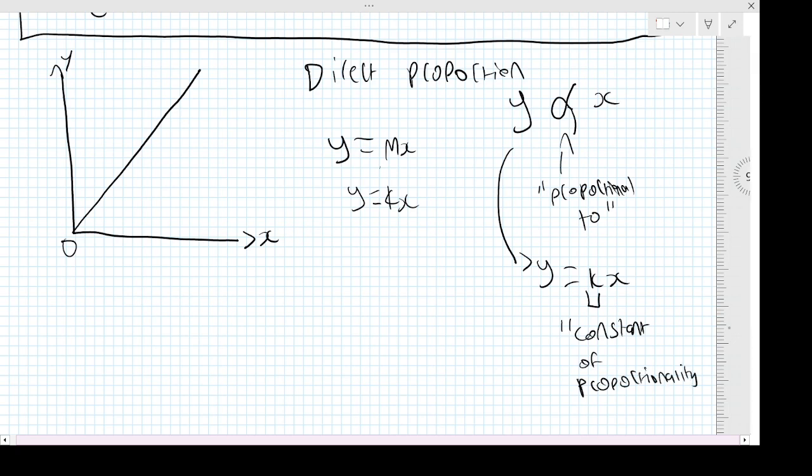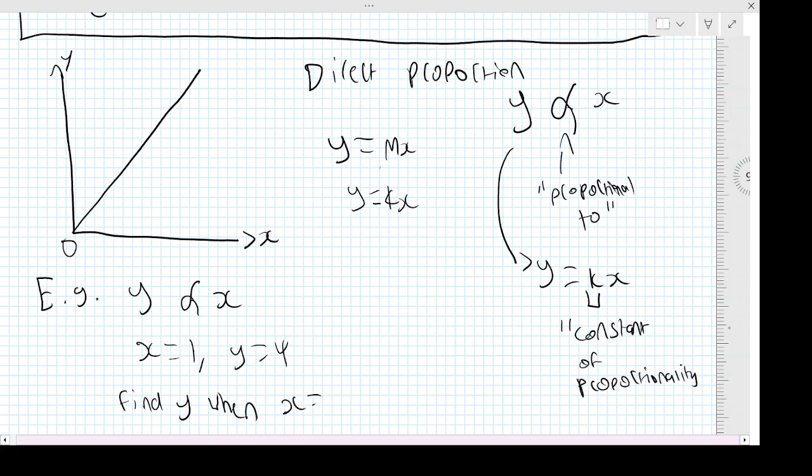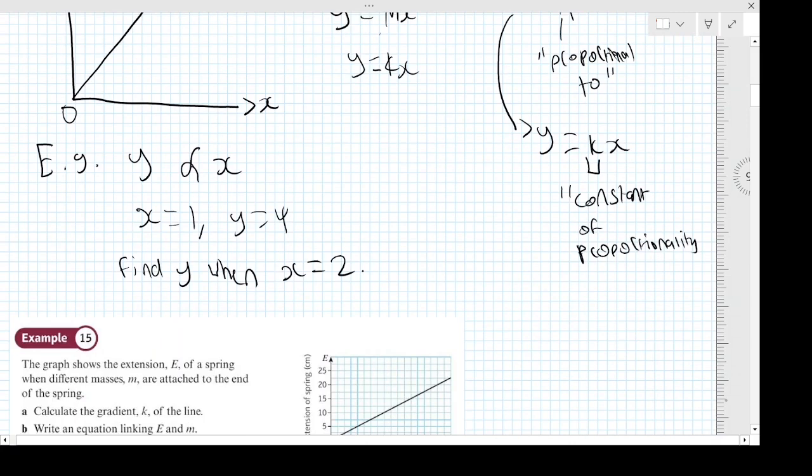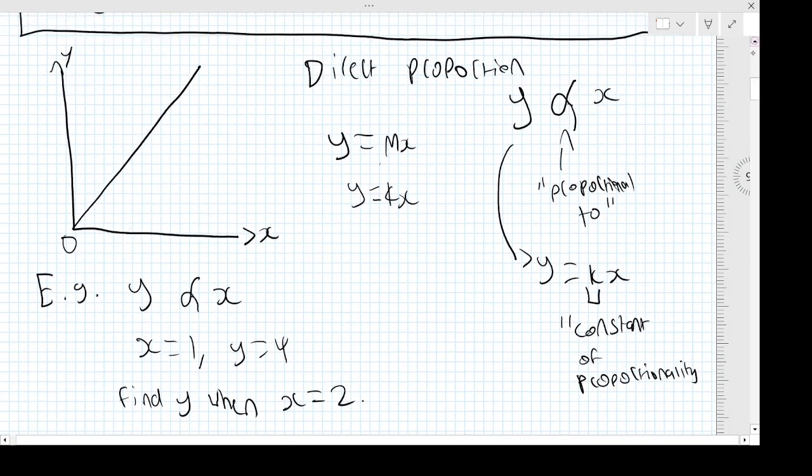As a very, very brief example, we have that y is proportional to x. Again, I'm going to use this symbol. And we're also given that when x is 1, y is 4. And then we're going to say find y when x is equal to 2. Very simple example, a GCSE example, but I thought I'd go over it now very quickly before we look at an example.